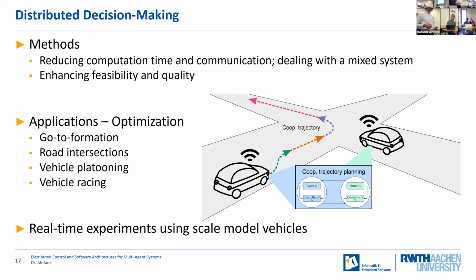So feasibility means we get a solution in real time, and quality is also, some people say, optimality of the solution we get. We apply this and solve the problems using optimization techniques, and we have several applications, and we apply this in real-time experiments using our scale model vehicles, which I'm going to show during this presentation.